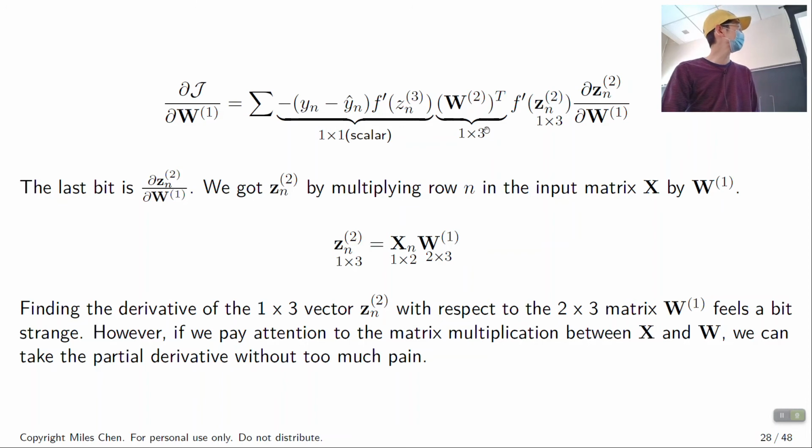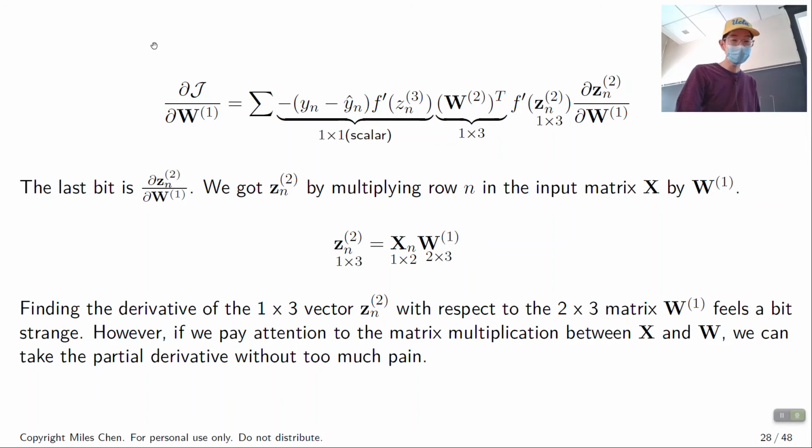Already our multiplication is a little bit weird. We got a 1 by 1 scalar, that's fine, but this is 1 by 3 and this is 1 by 3. So how are these things being multiplied together? We recognize we're probably going to need some kind of matrix multiplication or element-wise multiplication, but we'll figure this out in a moment.